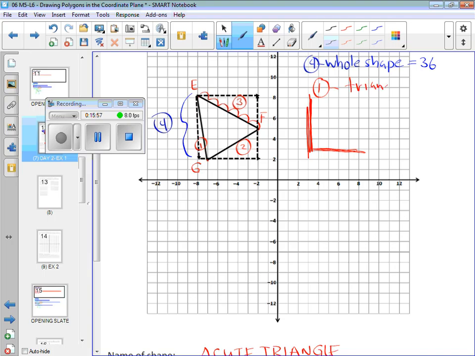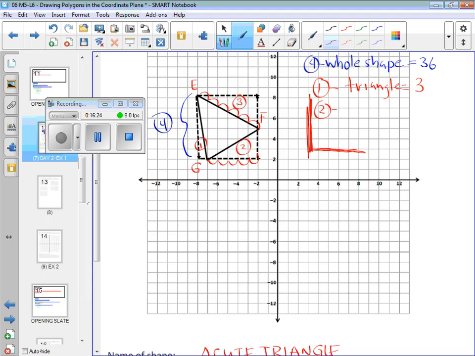Ready, Joe? You're up. Joe, number 2. What's my base? Be careful. Let's see. 1, 2, 3, 4. It's 5. Okay. I don't have any problems with you doing little leap counts like that. I want to see that you're counting the boxes correctly. So it's 5, right?